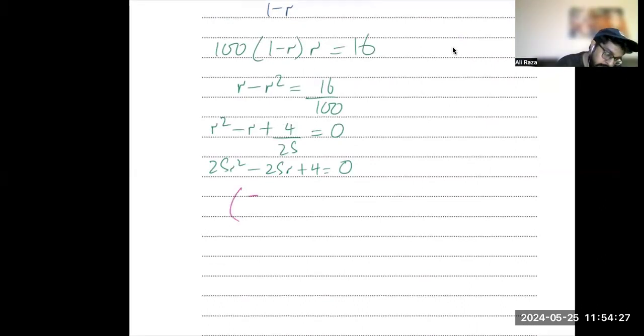This can be factorized to 5R minus 2. No. We need to apply middle term breaking to this.